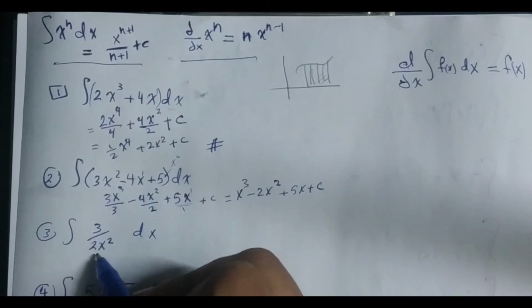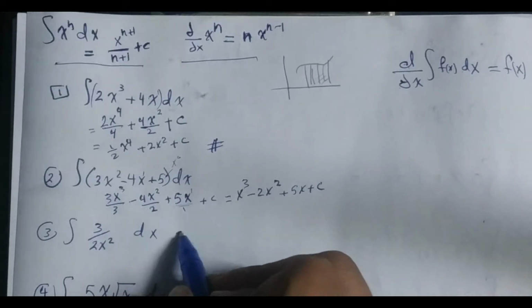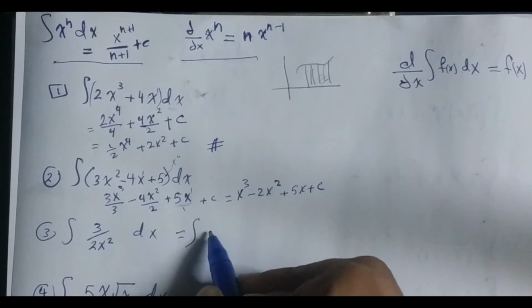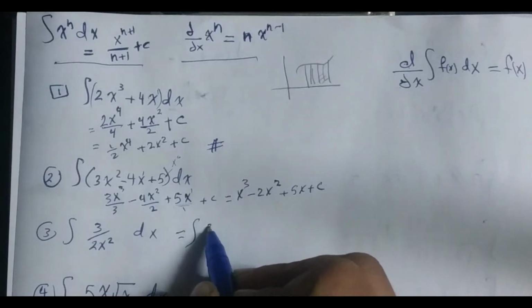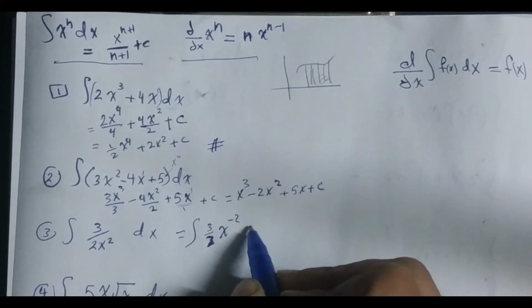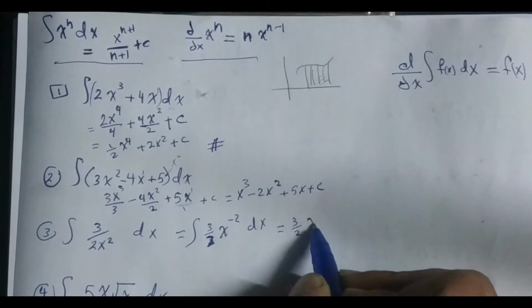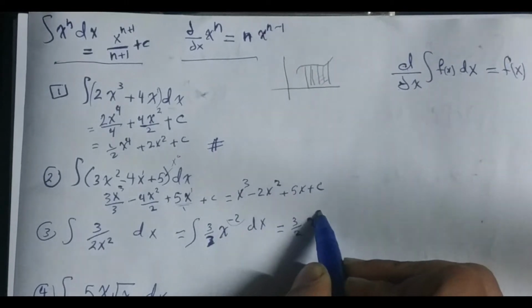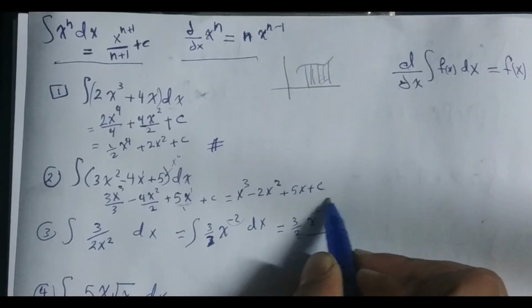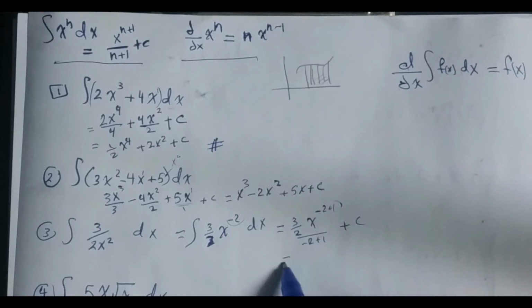3 over 2x^2. How can we solve it? Of course, first of all, we simplify it so we can integrate it. We can write it as 3 over 2 times x to the power negative 2 dx. Now 3 over 2 stays as it is, x to the power negative 2, add 1 to it, negative 2 plus 1, and divide by the new power negative 1, plus constant, don't forget it.